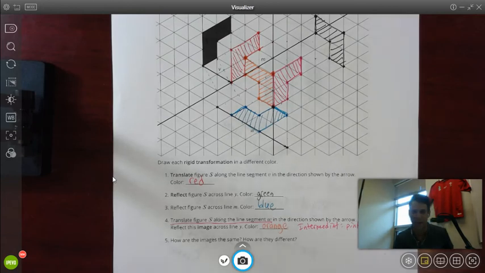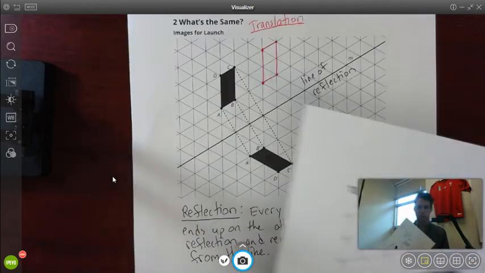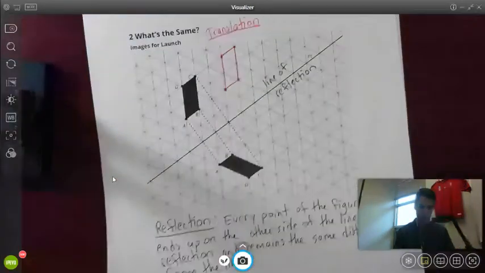All of these reflections and translations are rigid transformations. So we know that those are going to make sure our shapes are the same size. The only difference is that when you make reflections, how your shape is oriented, which way the points are facing, and that sort of thing, are all going to be different. So now we can move into our next and third part of this.